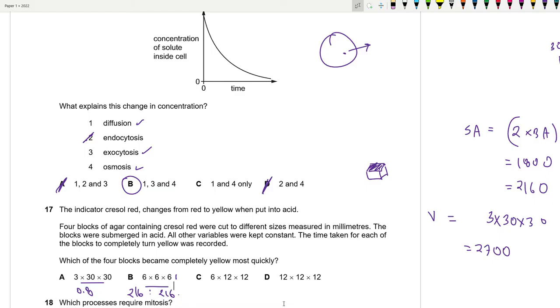All right, but you get this question quite often.